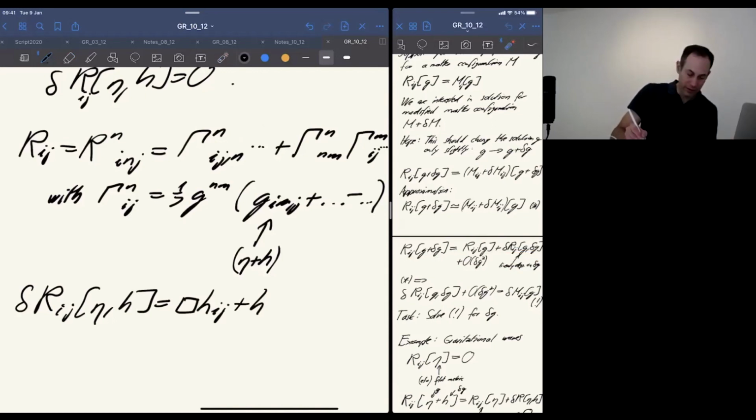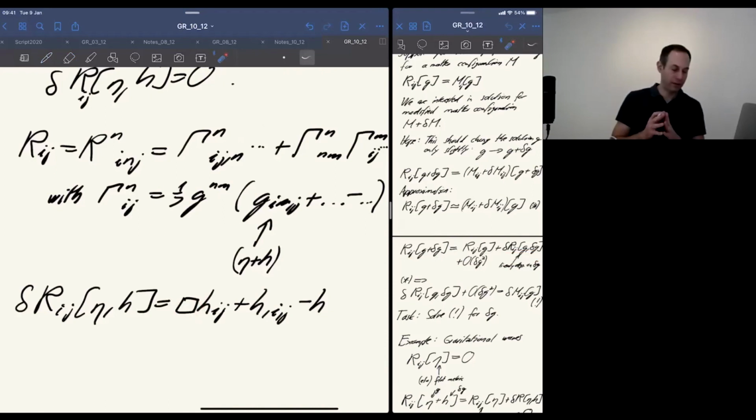So what you obtain, however, is an expression which involves these H's. So this is just a symbol which means the D'Alembert operator, which is defined by taking the derivative twice and summing over it.